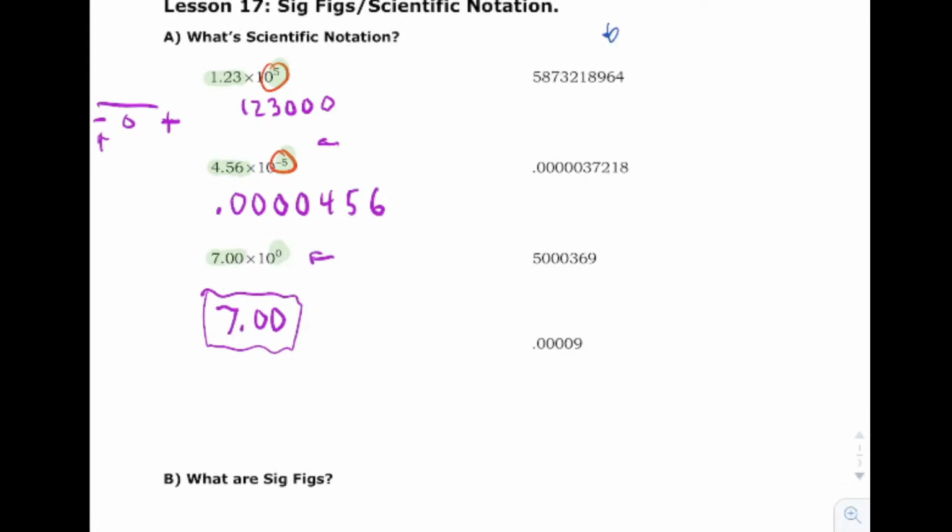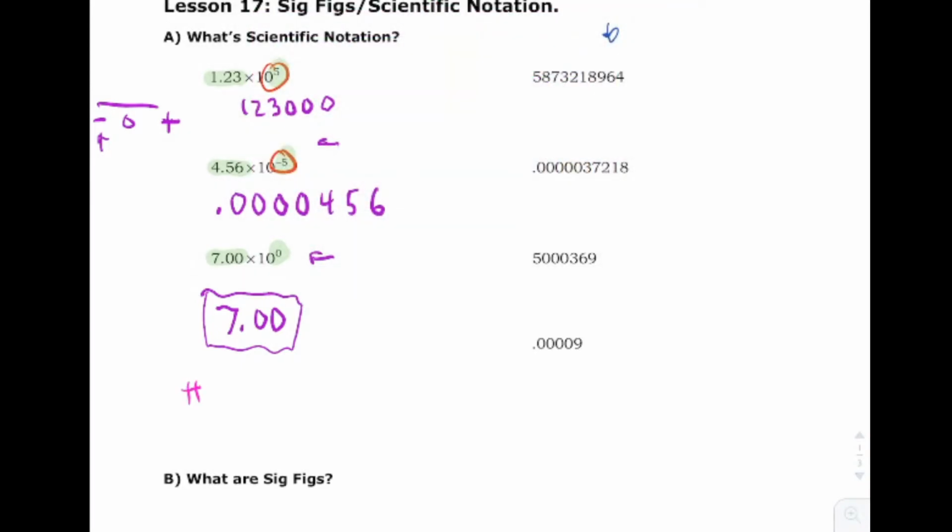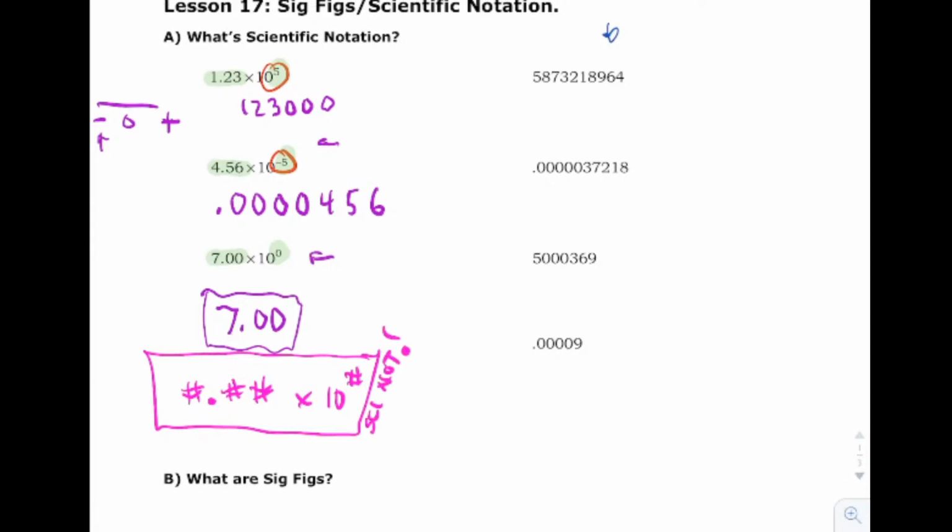I'm going to make that an official rule right about here. Number dot number number times 10 to a number. This is scientific notation. If you ever come across a problem where I'm saying, hey, please express that in scientific notation, it means you will have a number.